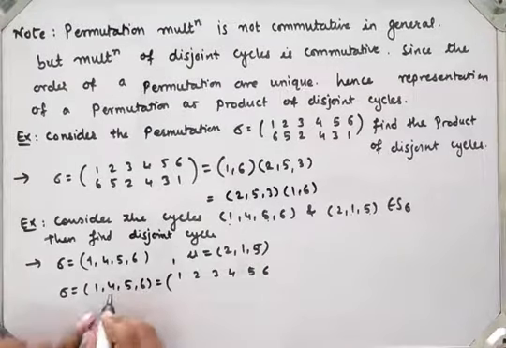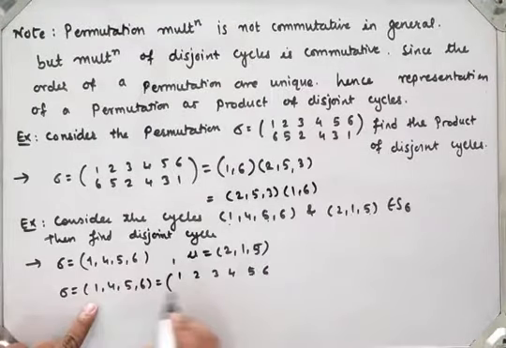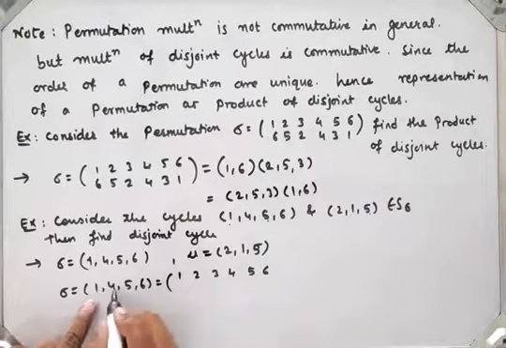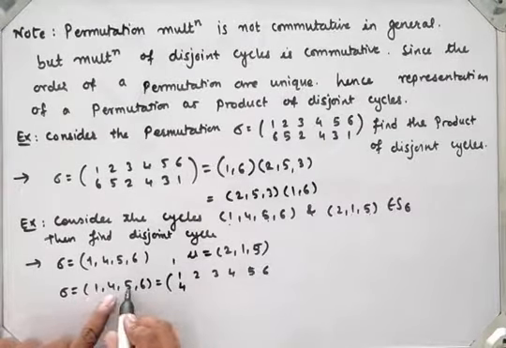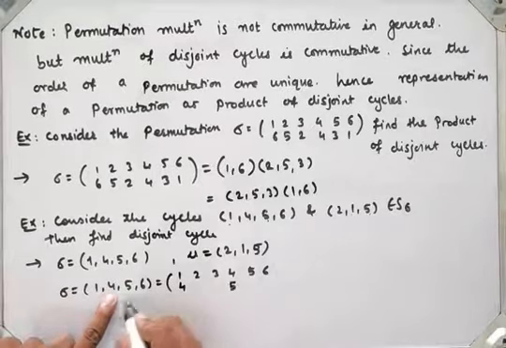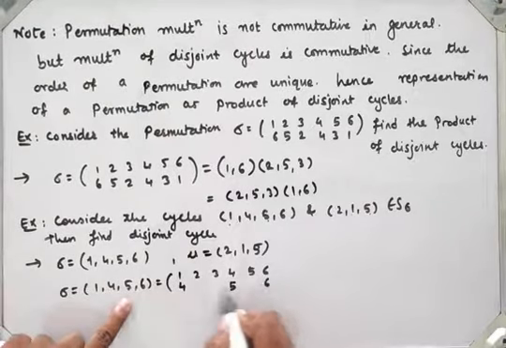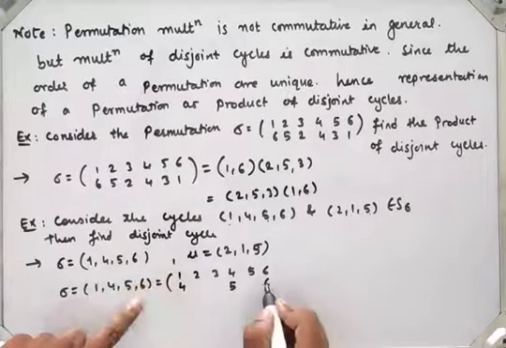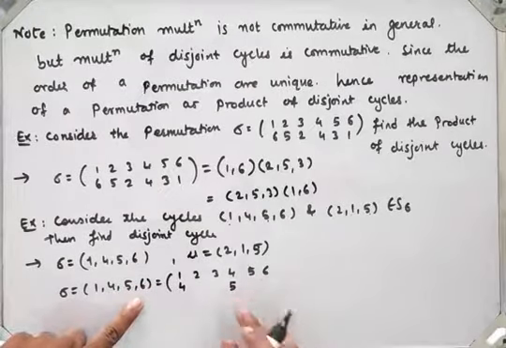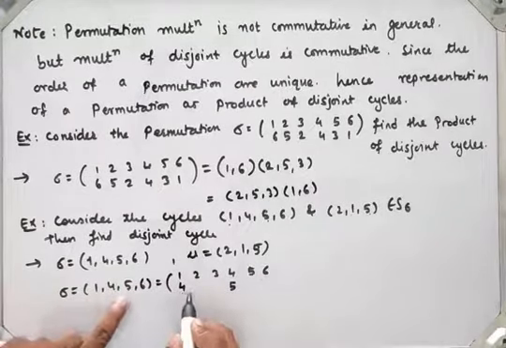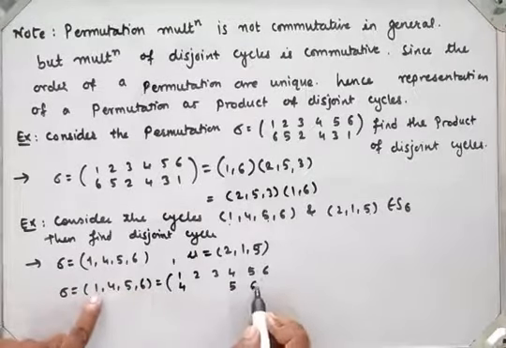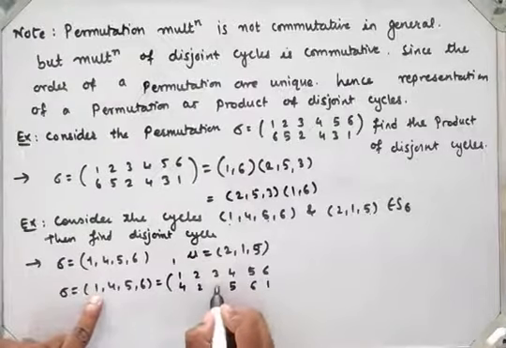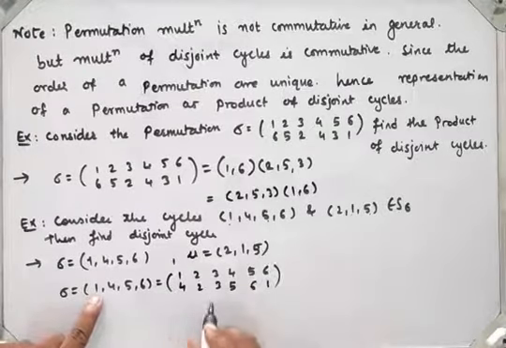Now this cycle can be written as a permutation: 1 goes to 4, 4 goes to 5, 5 goes to 6 and 6 goes to 1. Here 2 and 3 are fixed.